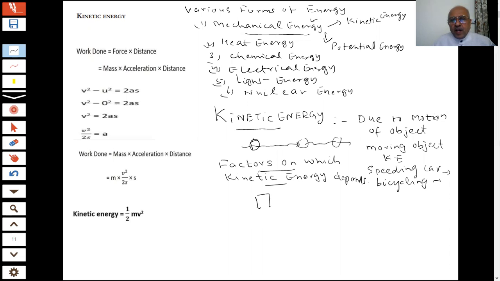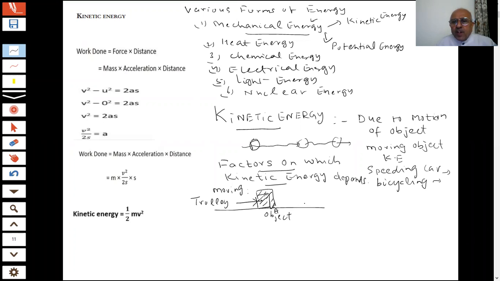Suppose here is an object at position A. Suppose it is a heavy object, and there is a moving object like a trolley. It hits it. What will happen?